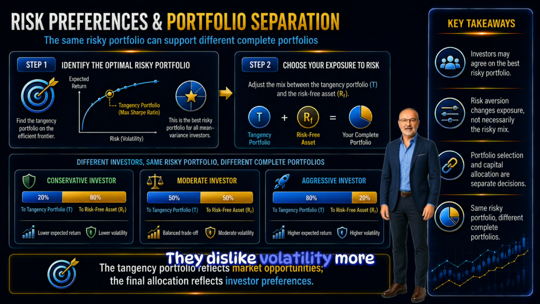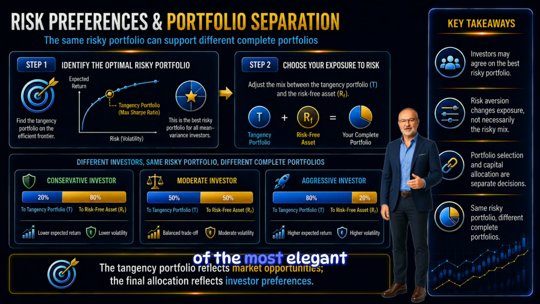They dislike volatility more strongly and prefer a larger allocation to the risk-free asset. Other investors are less risk-averse. They are more willing to tolerate volatility in exchange for expected excess return, so they allocate more to the tangency portfolio. In the mean variance framework, risk aversion determines how much total risk an investor chooses to bear.